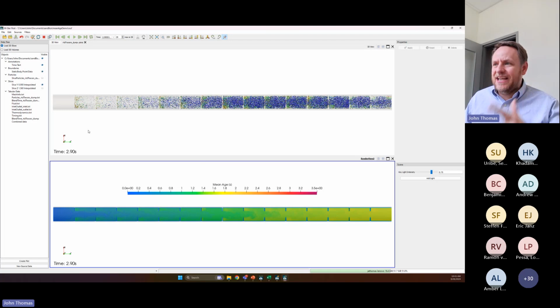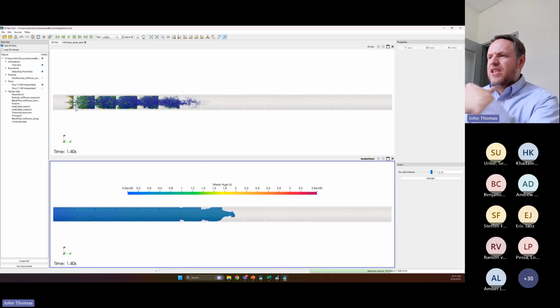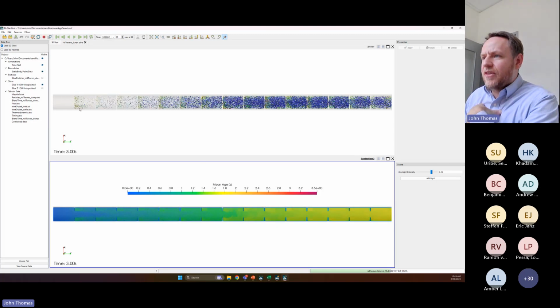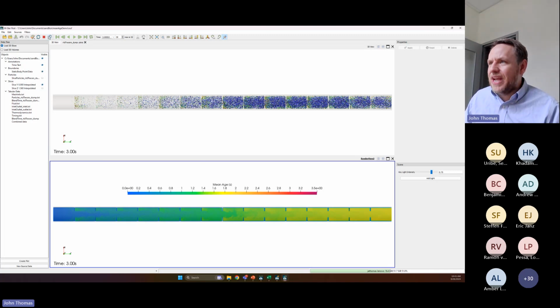You can see that in the particles as well. We're getting particles trapped there. With just the particles, you see they're getting stuck there. Well, with mean age, you can see exactly how long they're staying. Their average age is 1.5 seconds, as it were.